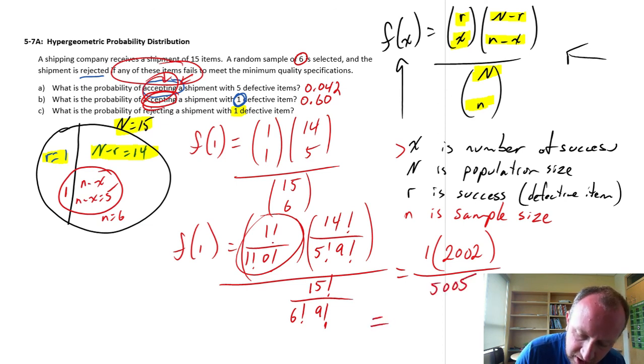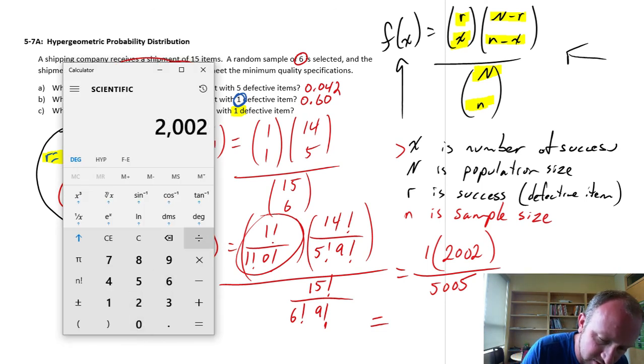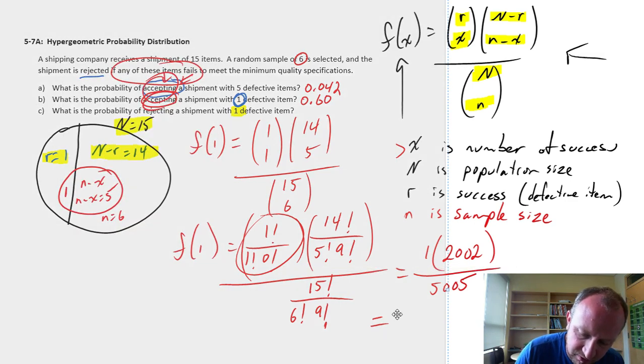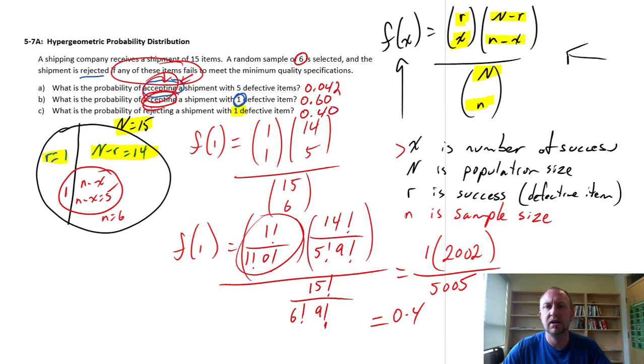And so we have a final answer of 2002 divided by 5005, 0.4. Wow. There we have it.